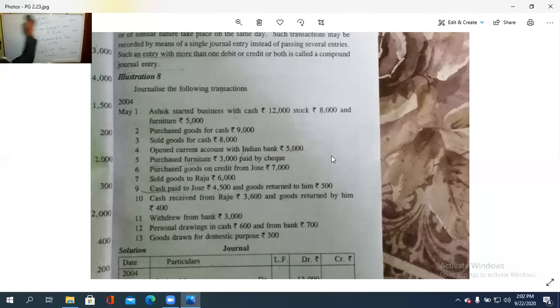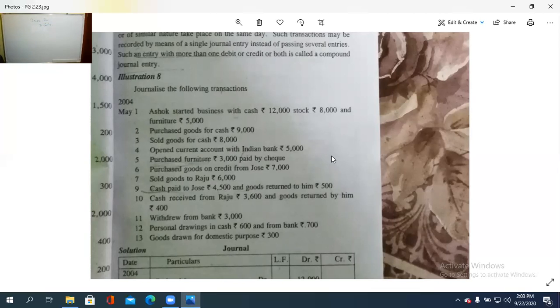Cash paid to Jos 4,500 and goods returned to him 5,000. About cash paid to Jos, so Jos debtor to cash, one entry is that, and goods returned to him.